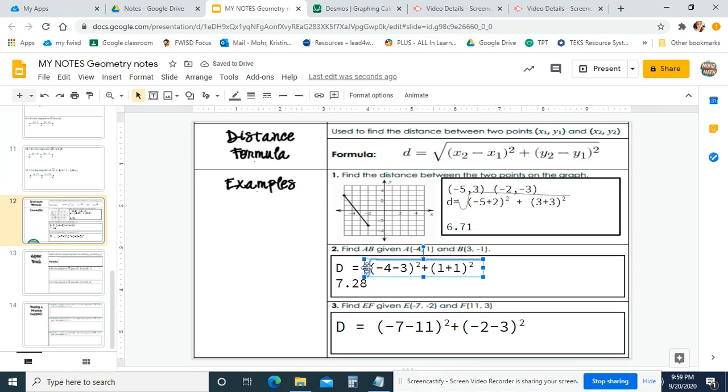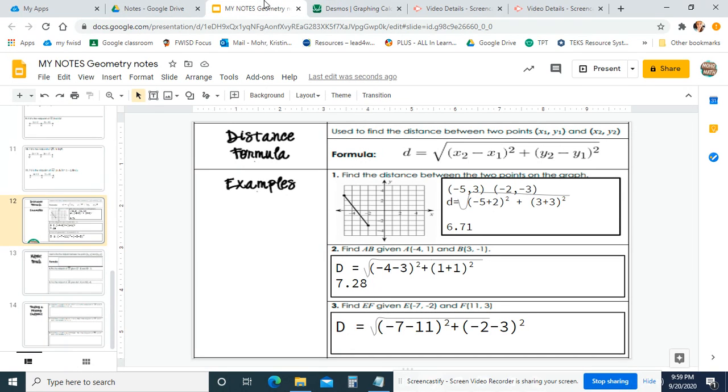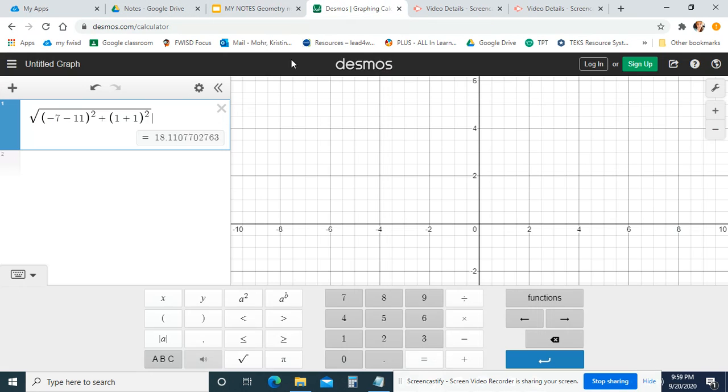I'm going to just click on my previous square root and copy it and paste it so I don't draw that all again. Okay, so then we plug it in. -7 minus 11 squared, and this was -2 minus 3 squared.